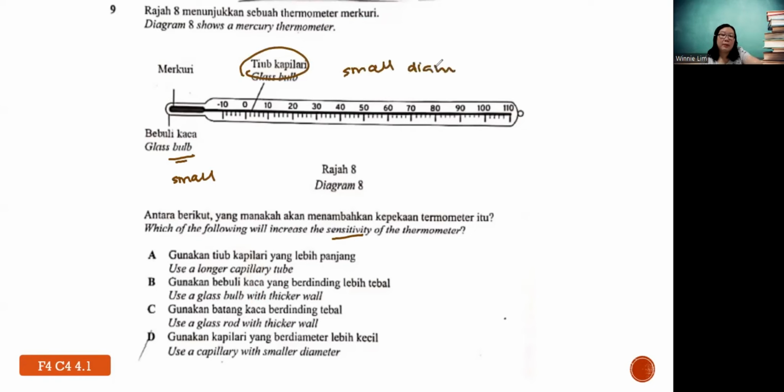When it's small diameter, a little increase can be detected, instead of a thick one. So use a longer tube? No. Thicker wall? No. Thicker wall also? No. Yes. So the answer is D.